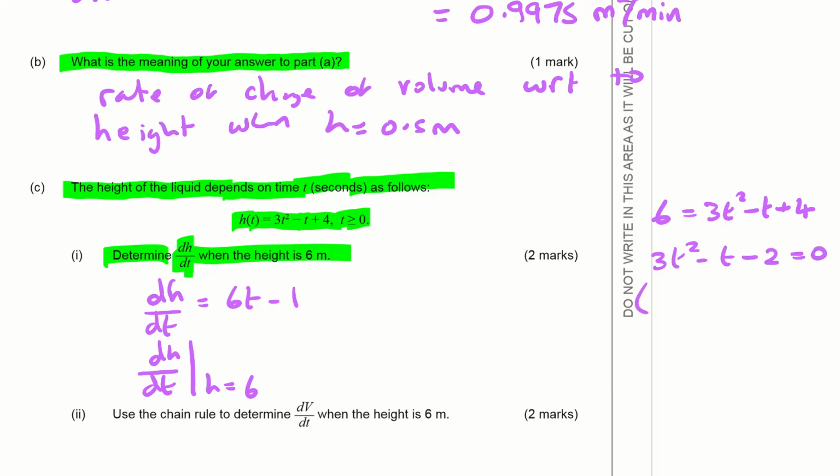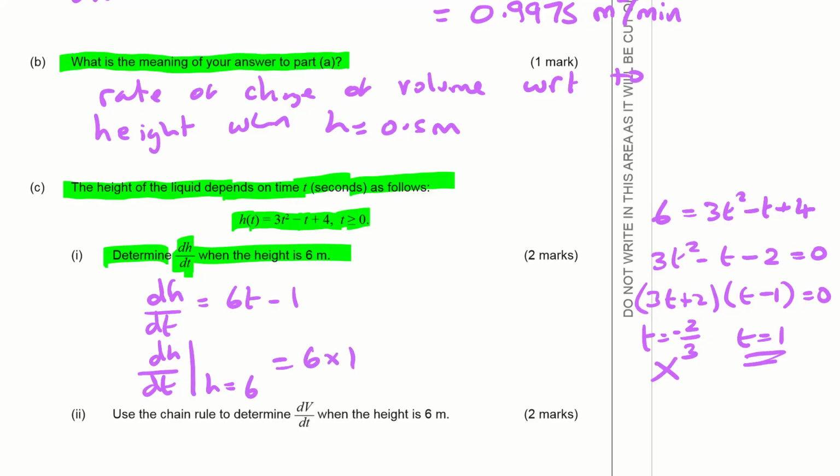We can actually factorize that, but you could solve it on the ClassPad as well. (3t plus 2)(t take 1) is equal to 0, and so t is negative 2/3, or t is equal to 1, and that one is out of range, so it's got to be this one. And so we get 6 times 1, take away 1, which is equal to 5, and that would be in meters per second.